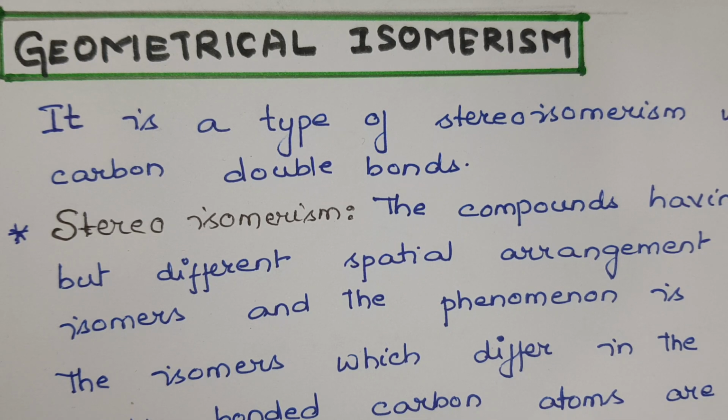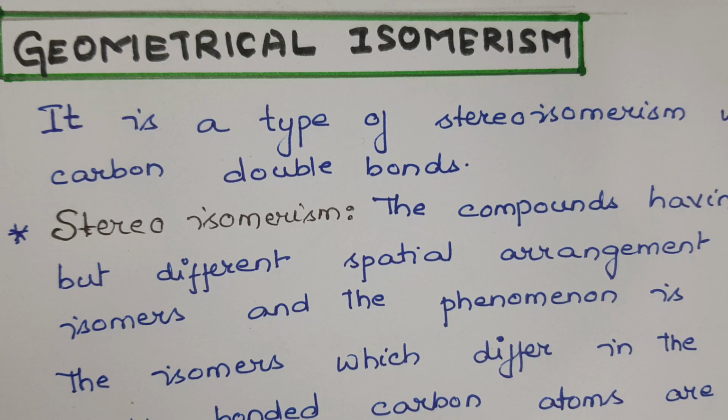Okay, so what is this geometrical isomerism? I told you this belongs to stereochemistry of carbon compounds. So we can say that geometrical isomerism is one type of stereoisomerism, and we can see this geometrical isomerism in compounds containing carbon-carbon double bonds.